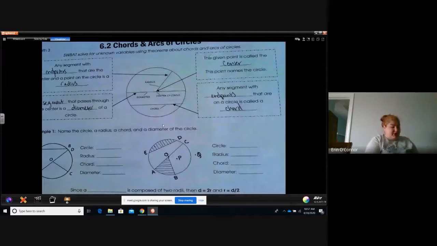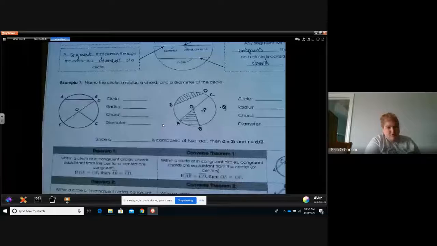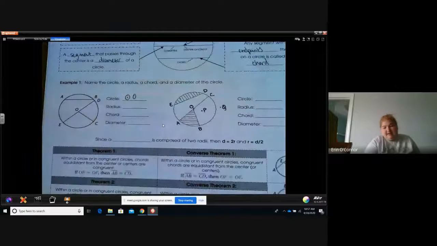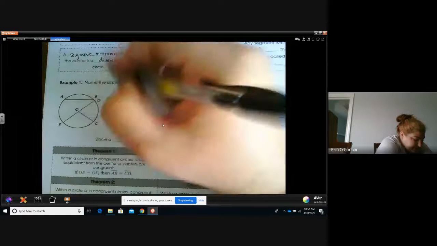All right. So we're going to name the circle, one of the radii, a chord, and a diameter of the circle. So the circle is circle O, and you do a circle with a dot in it. That's how you say it, circle O. One of the radii, we could say, is OC.